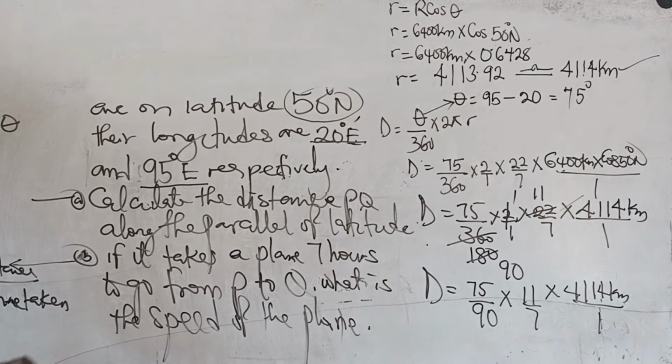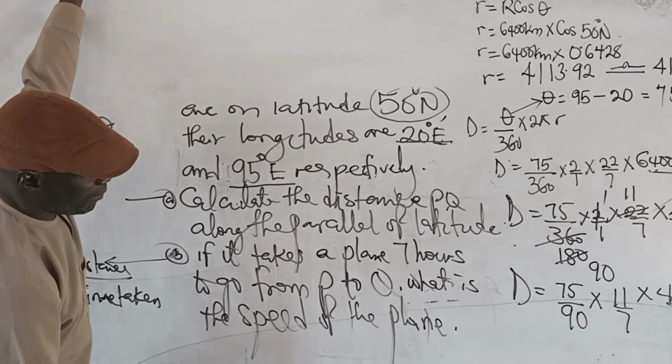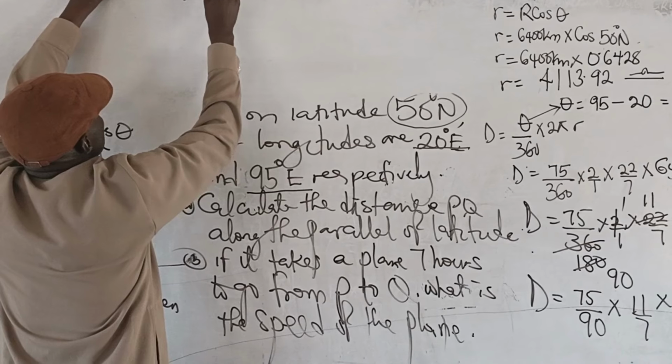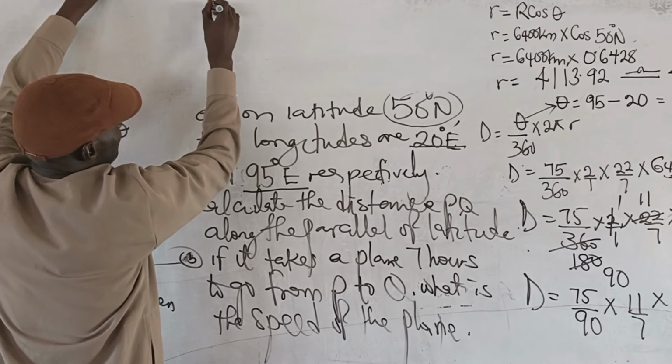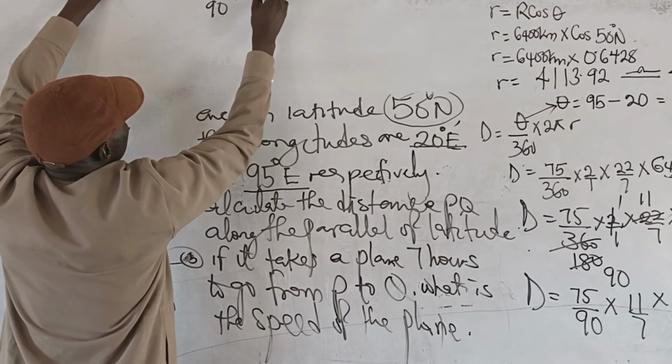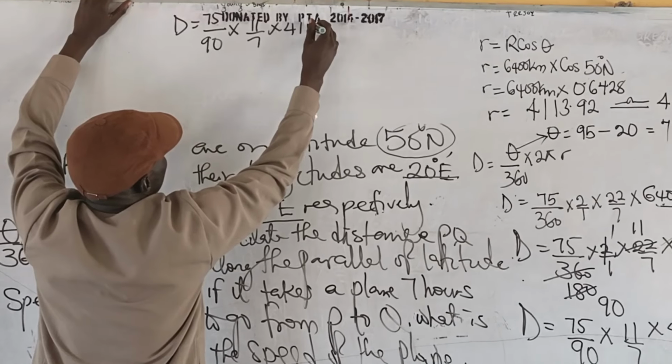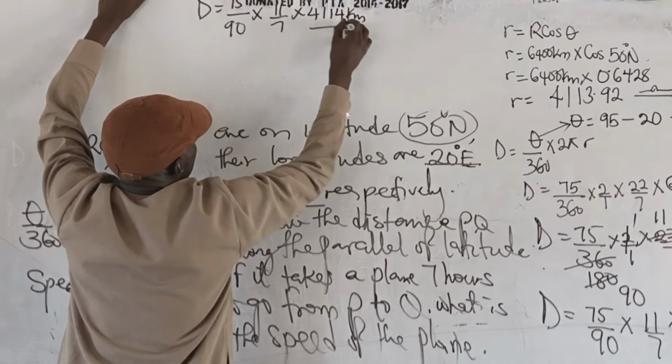Okay, now look at it. From where we stopped, we know that D equals 75 over 90 times 11 over 7 times 4114 kilometers over 1.